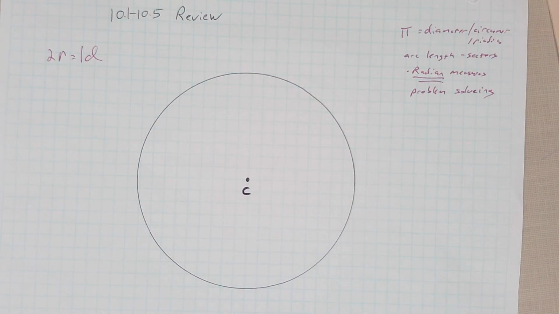Somewhere along the way, pi was discovered in 1706 by a guy named William Jones.